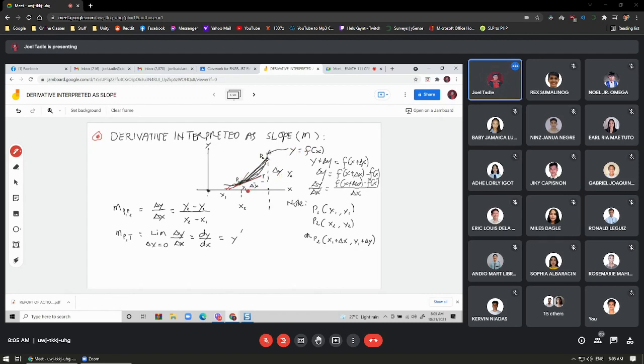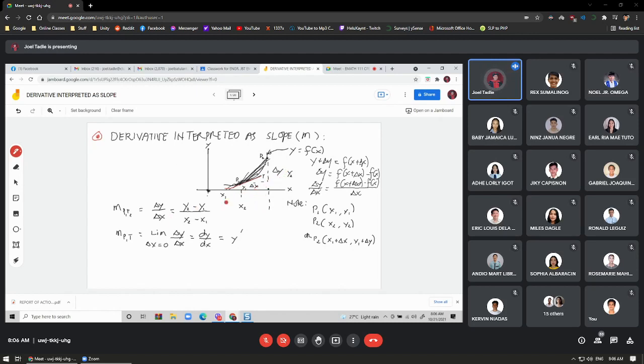Then, if we are going to draw a line joining these 2 points P1 and P2, then we are going to take the ratio of the rise to the run, which is the change in y to the change in x. That is our delta y over delta x.